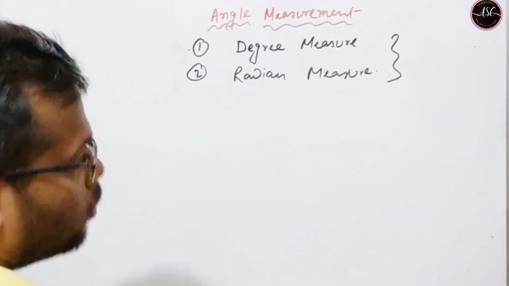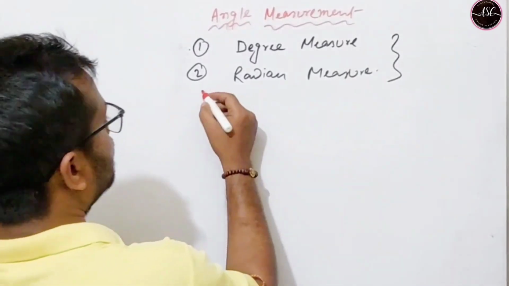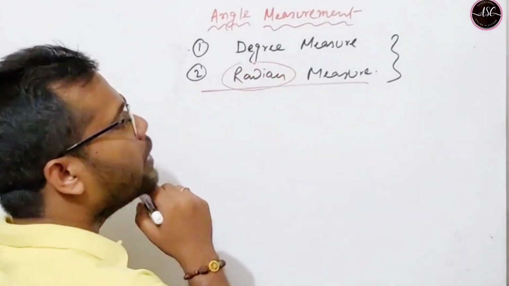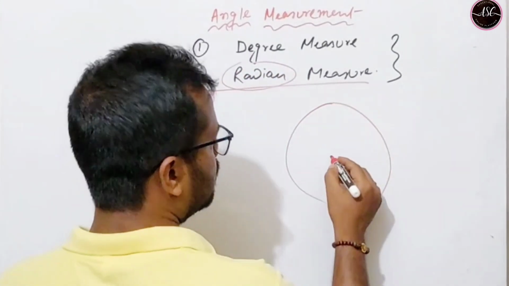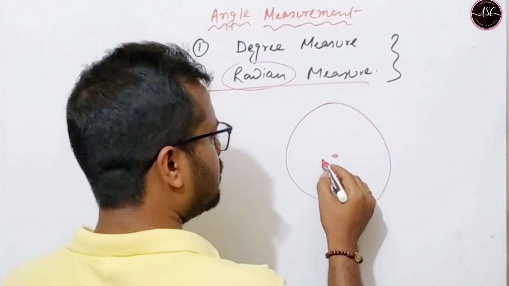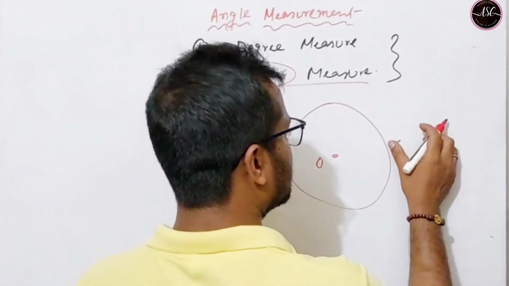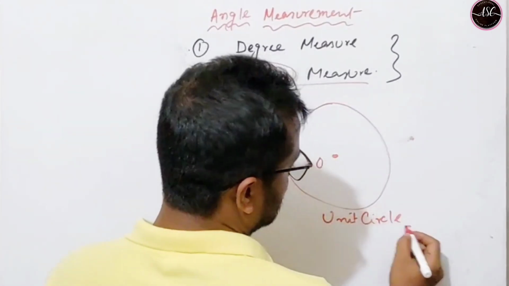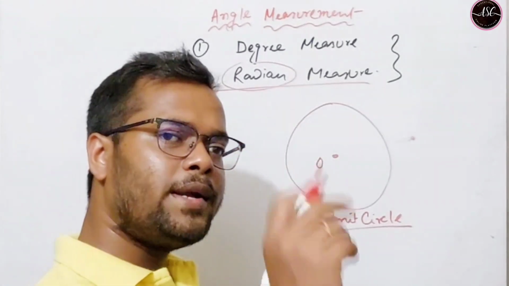Now we will know about the radian measure. First we are going to know what a radian is. If there is a circle with center O and this is a unit circle, unit circle means the circle whose radius is 1 unit.